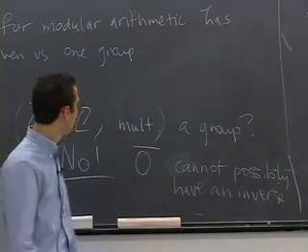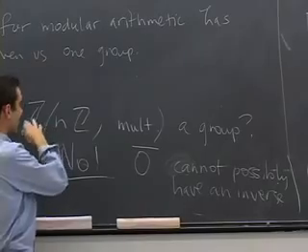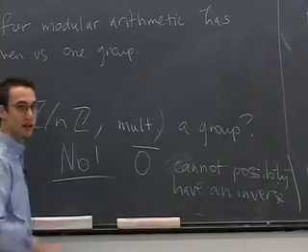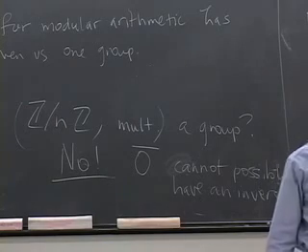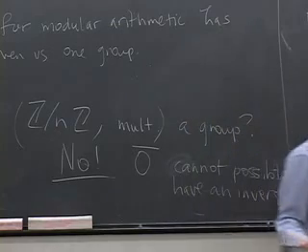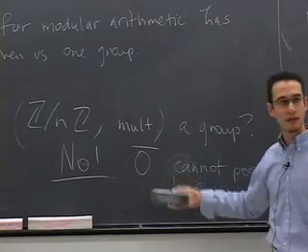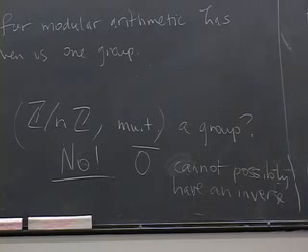But can somebody see a subset of Z mod NZ which gives a group? Go ahead. Exactly. You just do the simplest thing. The problem here is that there are things which don't have inverses. So you just take the ones that have inverses.